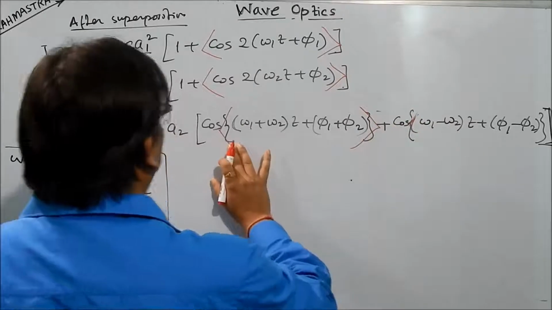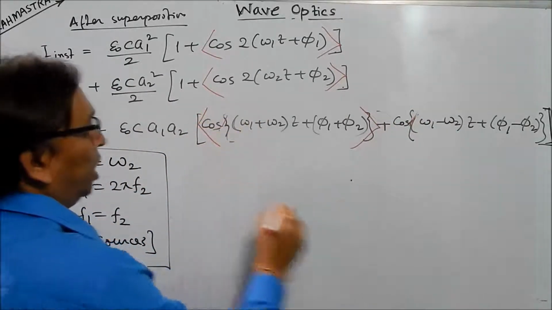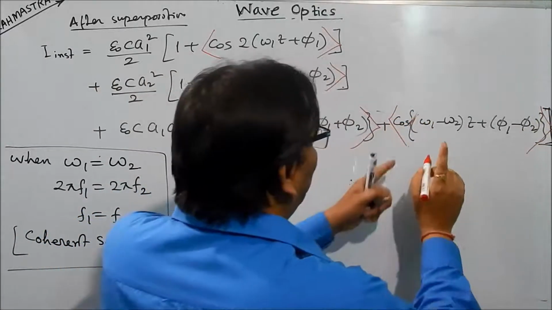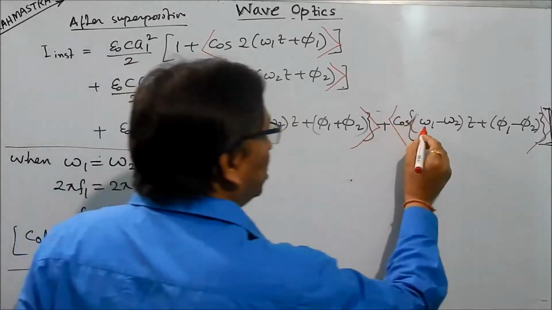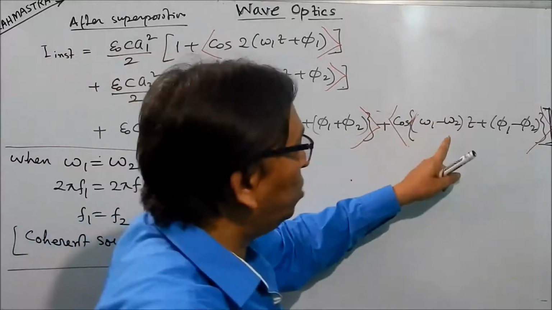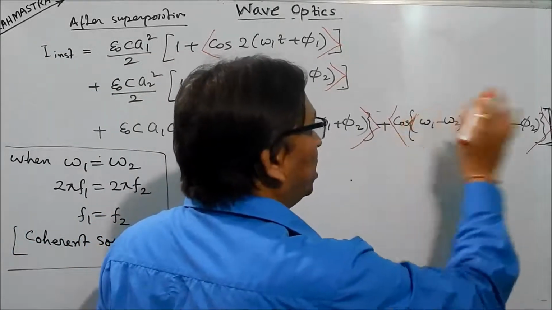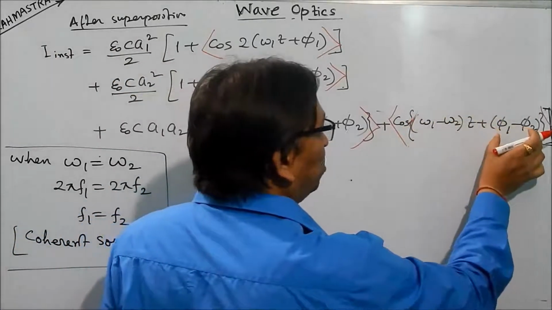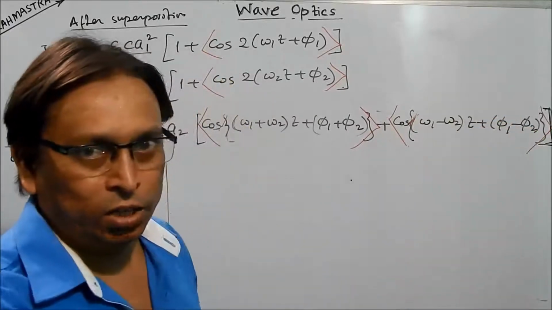So cos of this, I should take from the cos, and the time average of this. But will it give 0? No, it will not give 0, because now omega 1 is equal to omega 2. If omega 1 is equal to omega 2, that means the time parameter has gone. When the time parameter has gone, then there is only phi 1 minus phi 2. So this thing will remain.